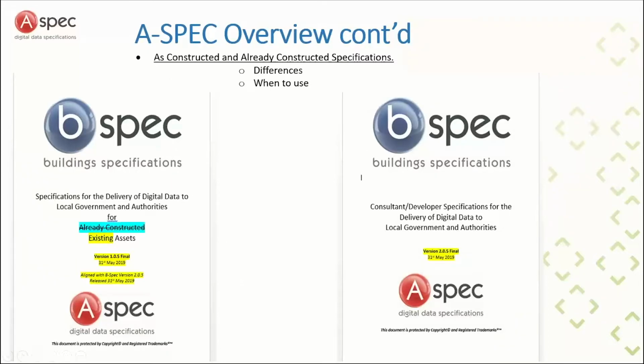Now, as constructed versus already constructed specifications. This is something new that came out of council saying to us, look, we can't use B-Spec because there are too many attributes in it, and it's far more than what the consultants need to capture.